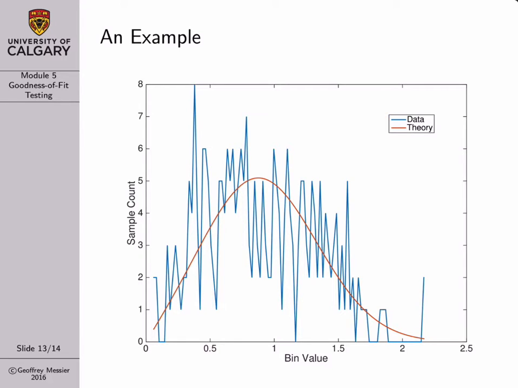I conduct wireless channel measurements, and one of the measurements I do is to measure a wireless channel and come up with random data samples of the fluctuations that you see in the amplitude of a received wireless signal due to reflections and fading in the wireless channel.